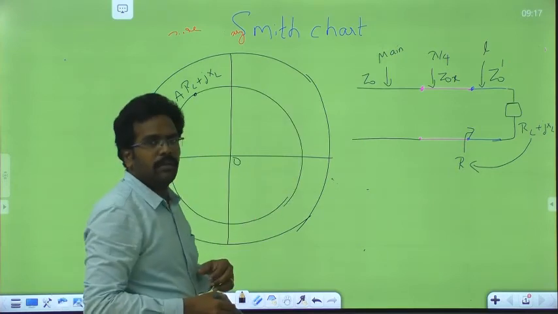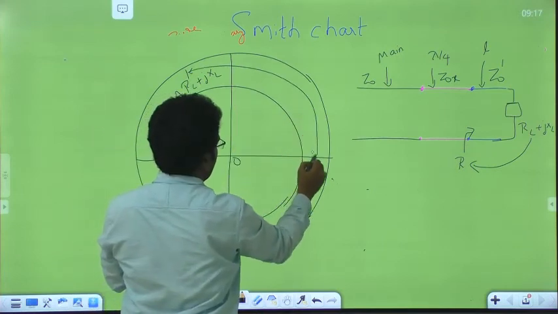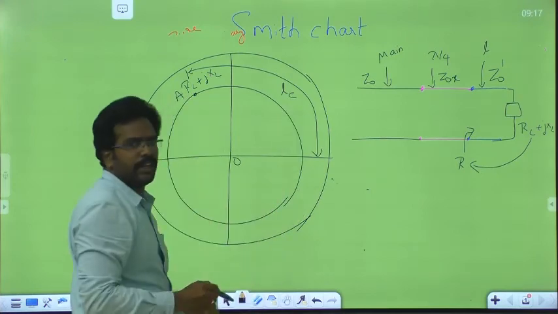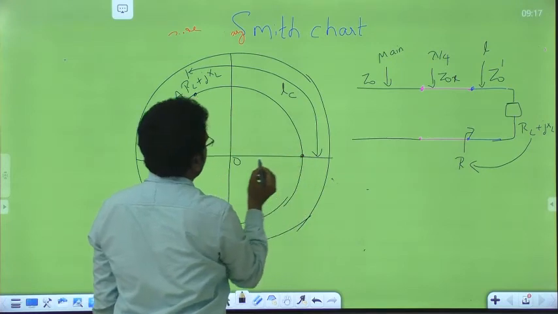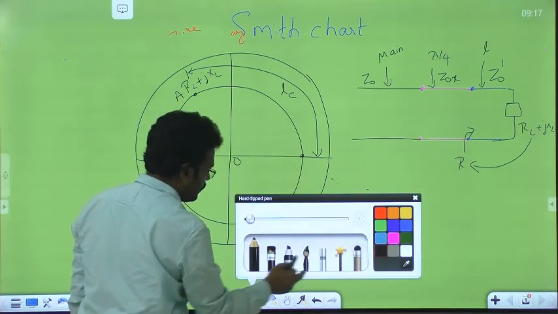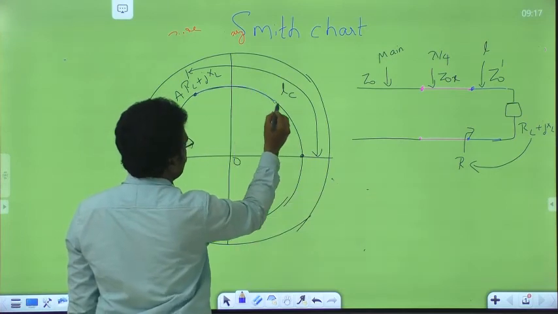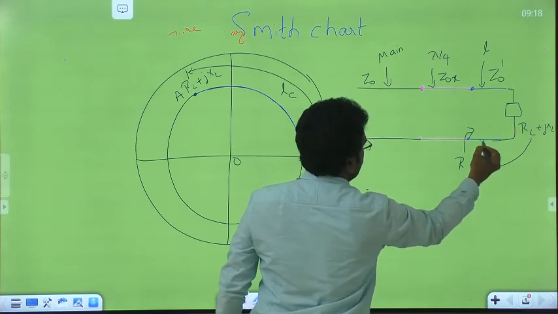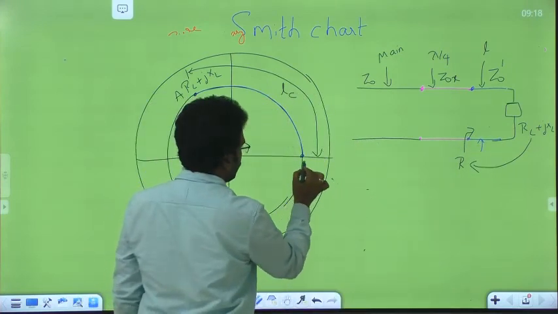We have to choose this length in such a way that after this length it should give some real value. So move on this constant VSWR circle, which is nothing but this line, so that it is going to give some real value.